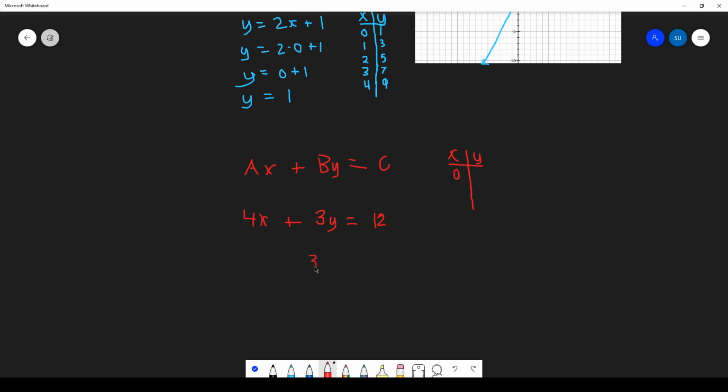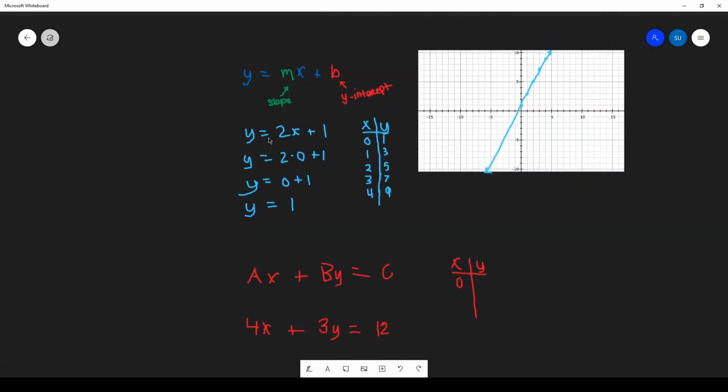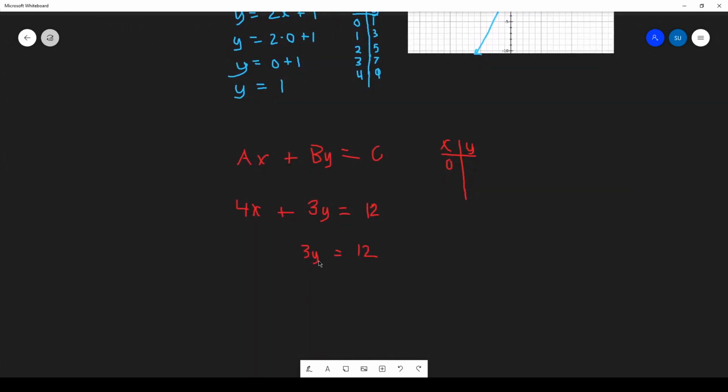So 3y equals 12. So instead of simply evaluating an expression like we did up here, where we had y equals 0 plus 1, so y equals 1, what we do here is we solve for y. Instead of straight up having y, we solve for it. So divide by 3 on both sides, and you'll get y equals 4.